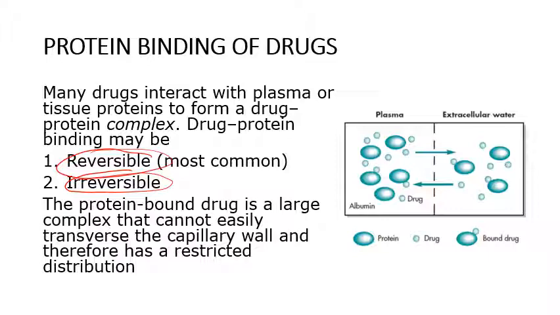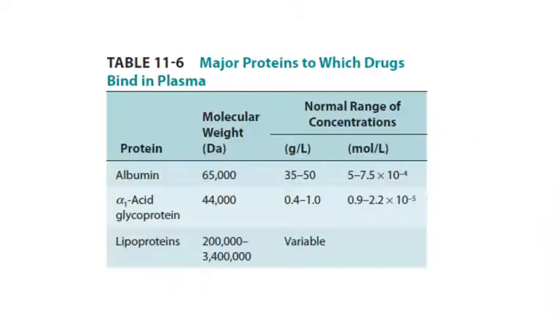As you can see in this figure, the free drug is the only drug that has the ability to pass through the membranes, while the bound drug has no ability to pass through the membranes because of the formation of this large complex. So as the protein binding increases, the chances for the distribution of that drug will decrease.